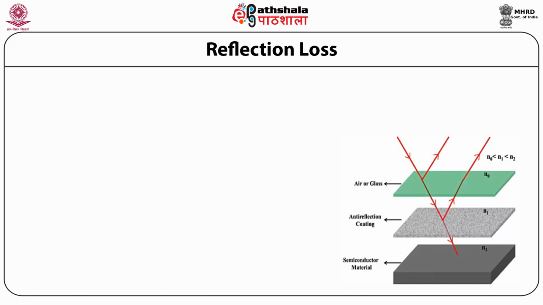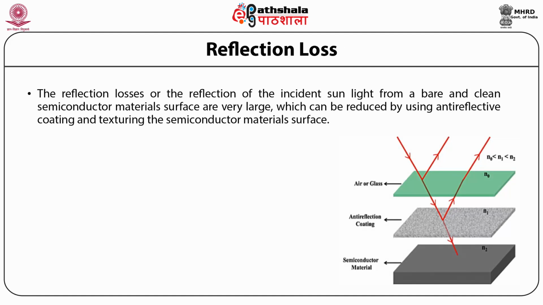Reflection loss. The reflection of the incident sunlight from a bare and clean semiconductor material's surface is very large, which can be reduced by using anti-reflective coating and texturing the semiconductor material's surface.